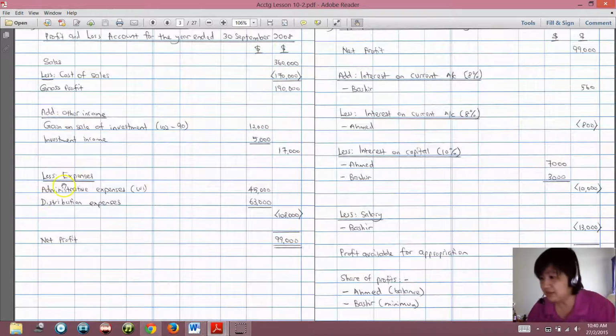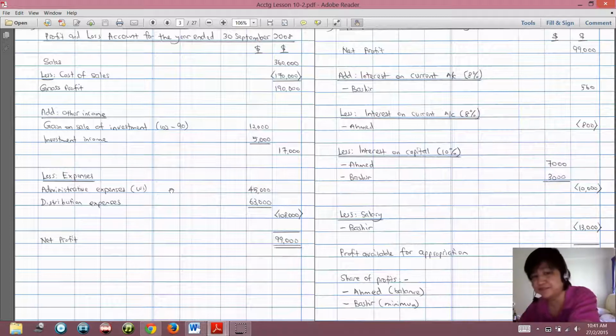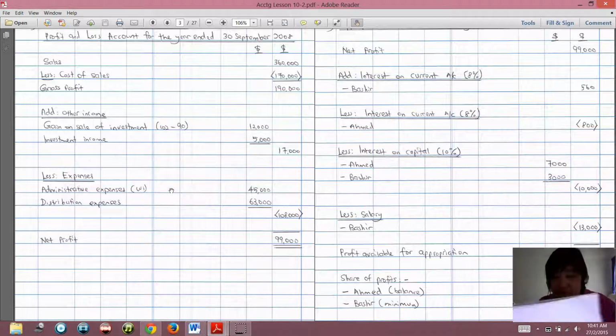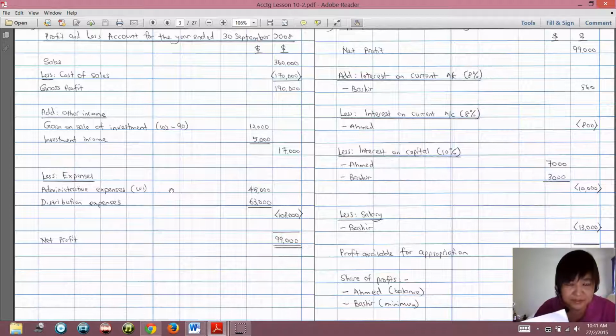Then less expenses, underline. Administrative expenses. This one, administrative expenses, because in the question, under note number 1, it says something like depreciation has been adjusted. So this one is a bit troublesome.